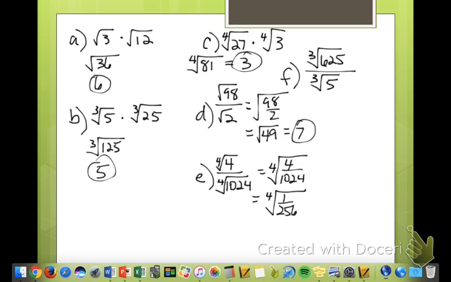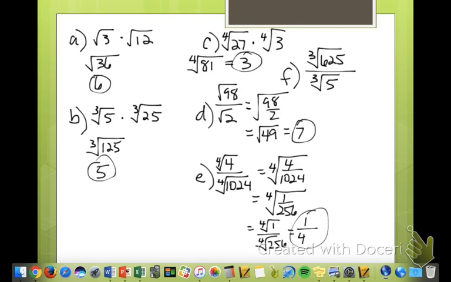Now we can just continue using those properties, and we can split that up. And so we've got the 4th root of 1 over the 4th root of 256, because when we do that, we are able to simplify it. So 1 over 4. So we can use those properties kind of both ways, if you want to think of it like that.